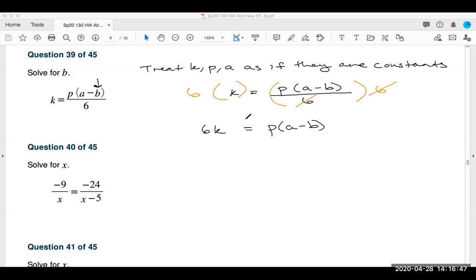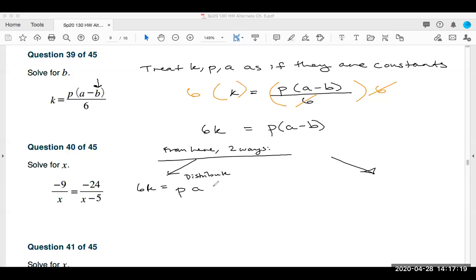Continuing to solve for B, you're going to be tempted to distribute the P out. Well, actually, you could. So from here, 2 ways. You have 6K equals distribute, you have PA minus PB. Then I would subtract PA from both sides.